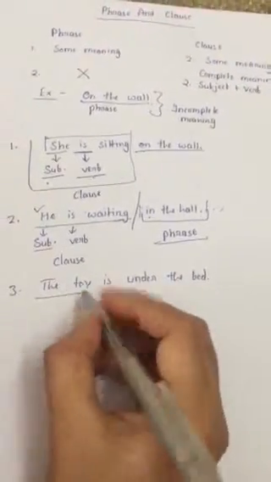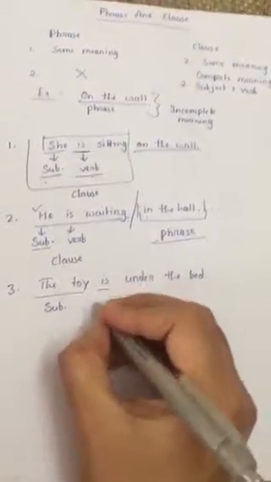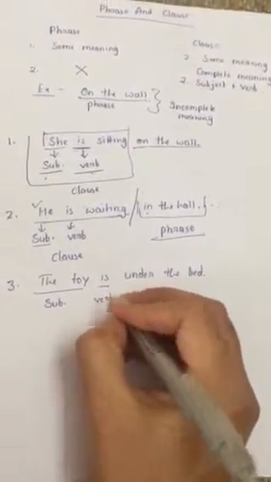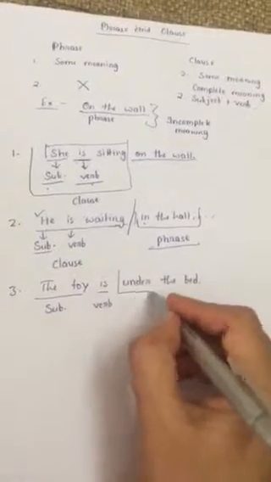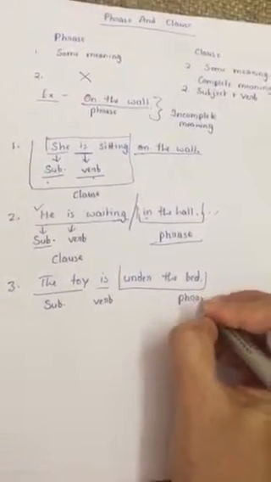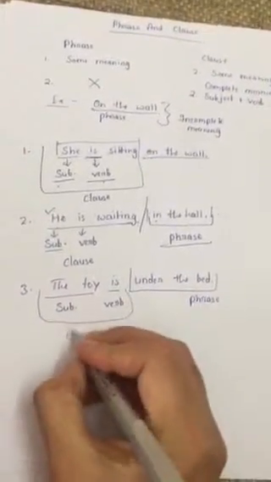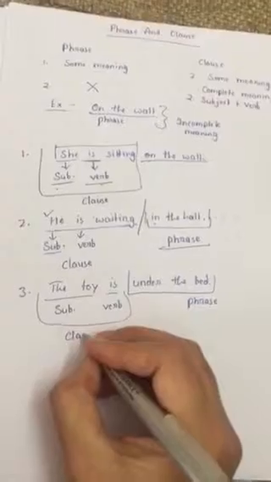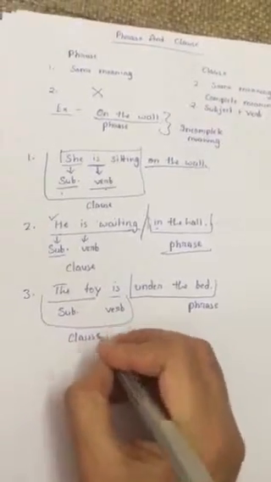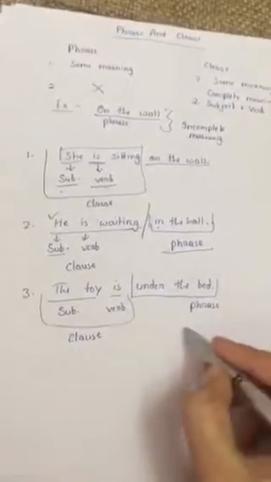Now the subject is "the toy," and "is" is the verb. Now "under the bed" is a phrase, and "the toy is" is a clause, though this is not complete in itself. This is called a dependent clause, and "under the bed" is a phrase.